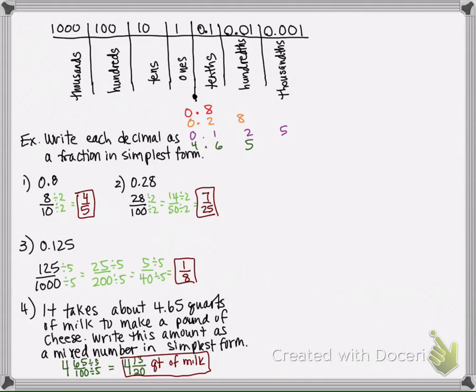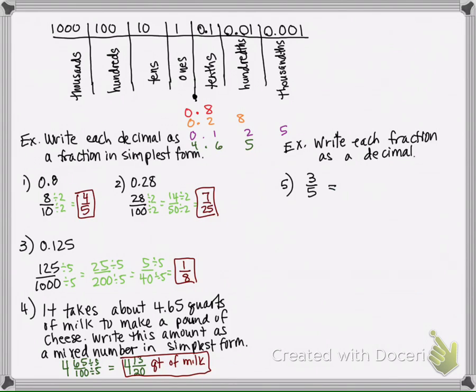Okay. All right. Let's go the other direction. Write each fraction as a decimal. Okay, that's number 5. So let's say we've got 3/5.